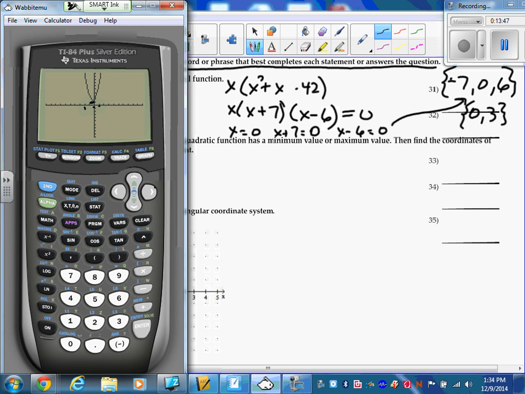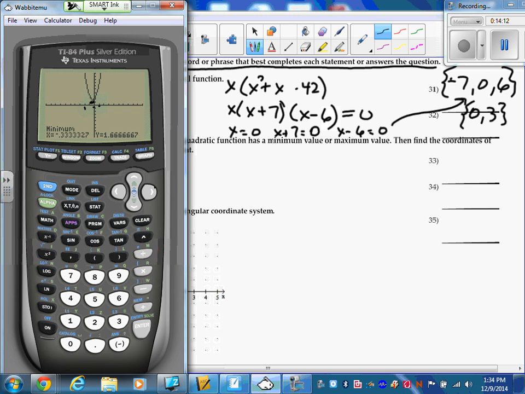So we can find the minimum using second calculate, and look, it has a minimum button. Do you see number 3? So let's choose 3. I'm going to move my cursor over and press enter, and then it says right bound. I'm going to move my cursor over to the right and press enter, and it says guess. Well, I'm just going to say it's somewhere between the 2, and here is my minimum.